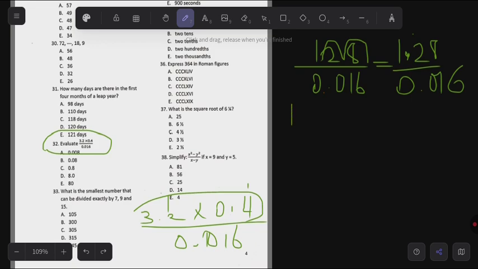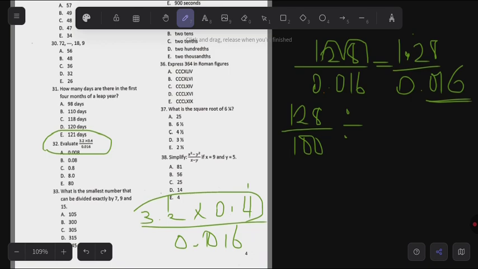So I have 128. Remember, we want to turn it to a fraction, so I remove the decimal point. Because I have two decimal places, I must have two zeros under. Divided by 0.016. I have three decimal places here.